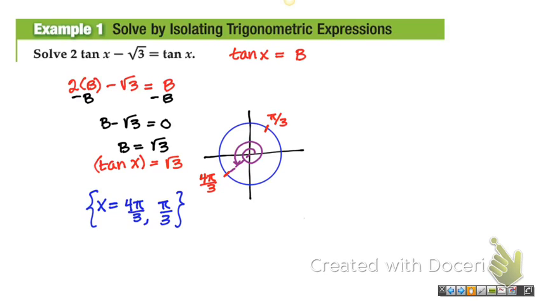So I should list this as 4 pi over 3 plus any multiple of 2 pi that I could add, meaning I could spin forward or backward around the unit circle. And also pi over 3 plus any multiple of 2 pi that I could add. And that is my final answer.